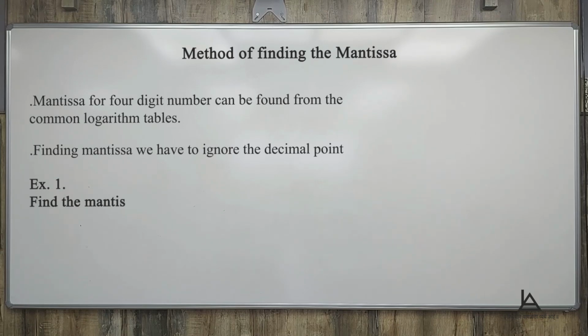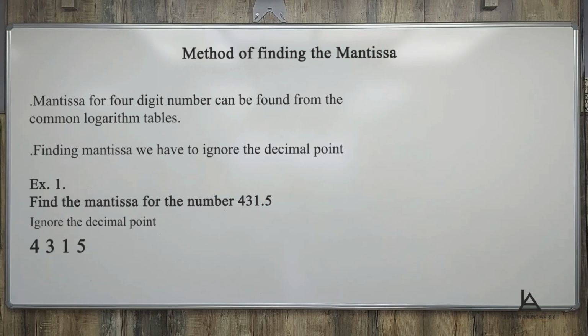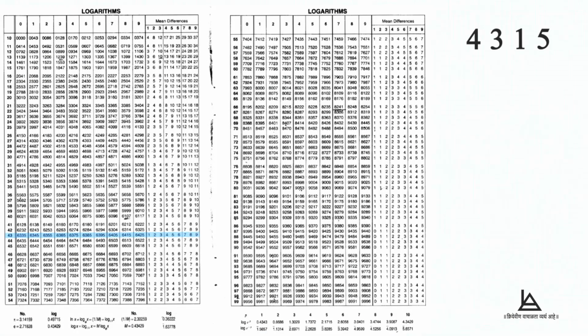Let us try to find the mantissa of the number 431.5. As I said, ignore the decimal point, and so the number becomes 4315. Consider the first two digits, that is 43. Look at the row starting with 43. Since the next digit in 4315 is 1, find the number in this row in the column headed by 1.